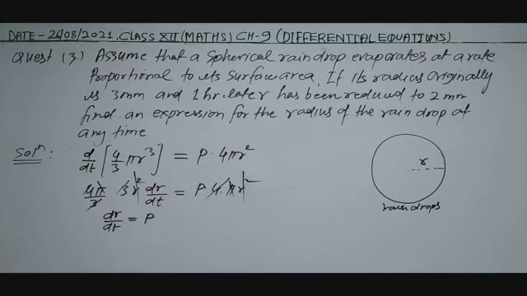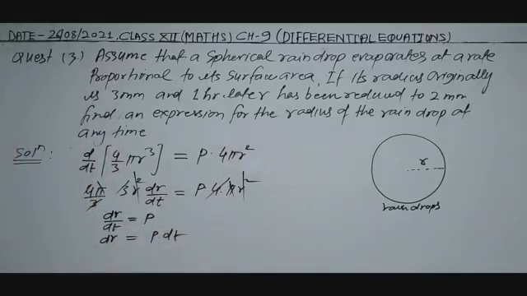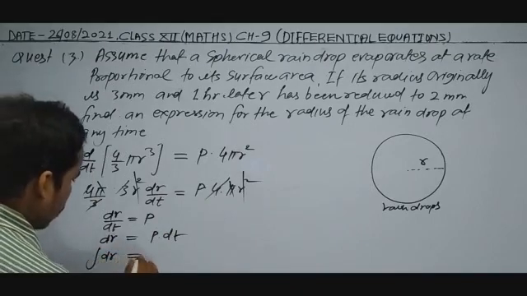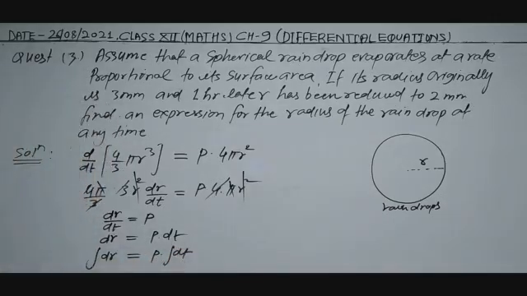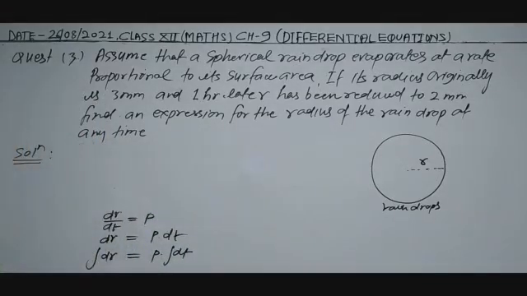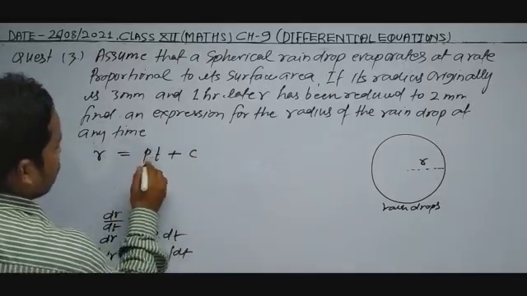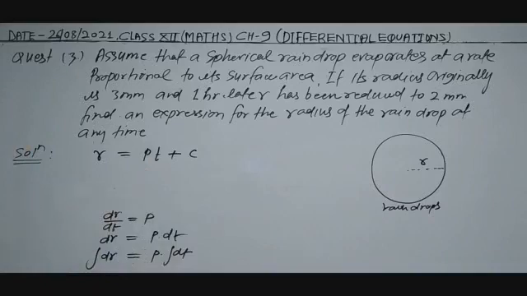Now dr we can write as P times dt. Now we have to integrate both sides. The result will be r is equal to P times t plus C after integration, and it is given that its radius is originally 3 millimeter and 1 hour later it has been reduced to 2 millimeter.